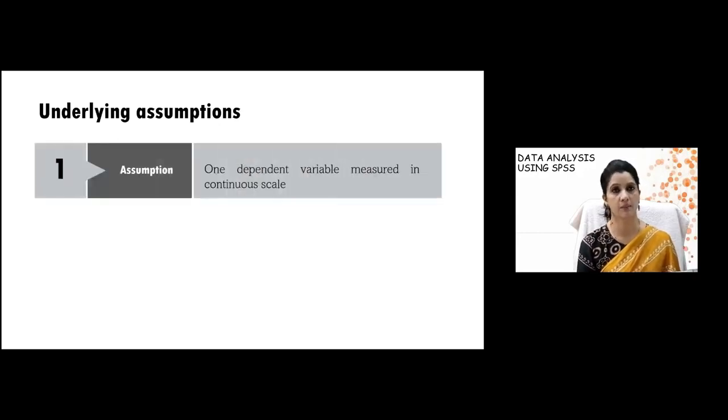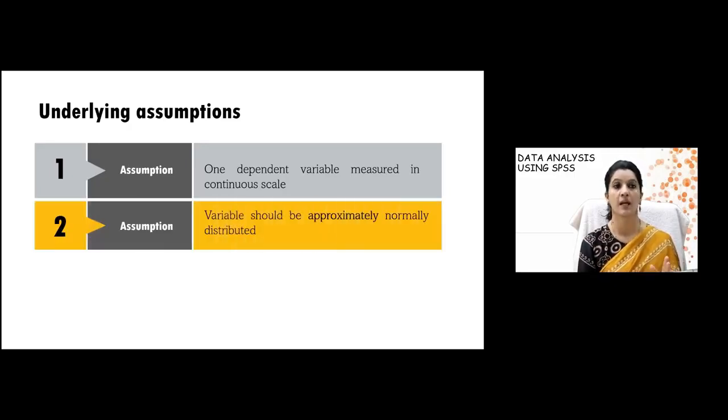The first assumption is there will be one dependent variable which is measured on a continuous scale, like you have seen, the mean depression score, mean hemoglobin, etc. The second assumption is the variable should be approximately normally distributed.